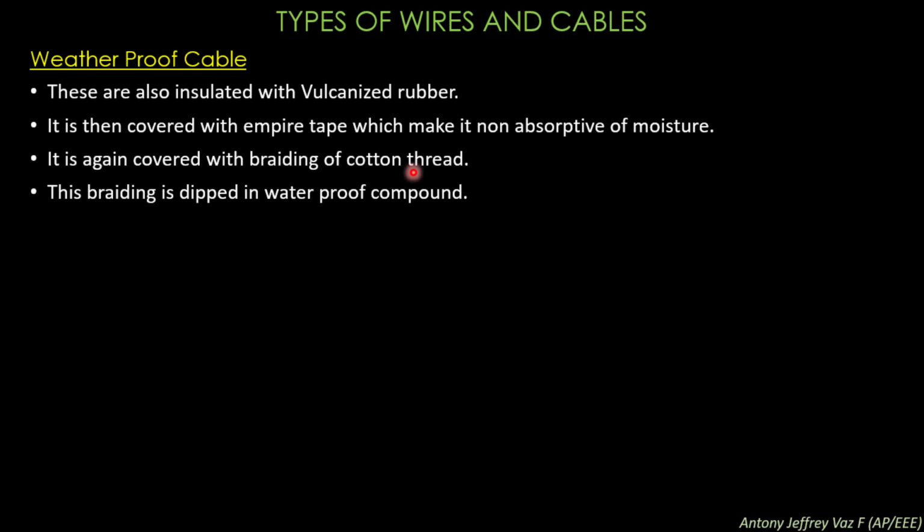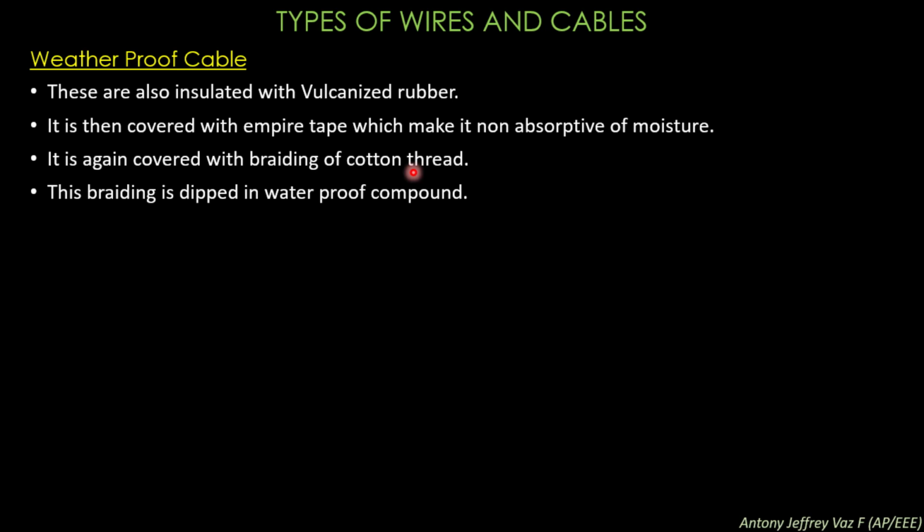So, when the cable falls into water, the water cannot enter into the cable because there will be a braiding of cotton thread dipped in this waterproof compound. So, the water will not be absorbed in the cable.